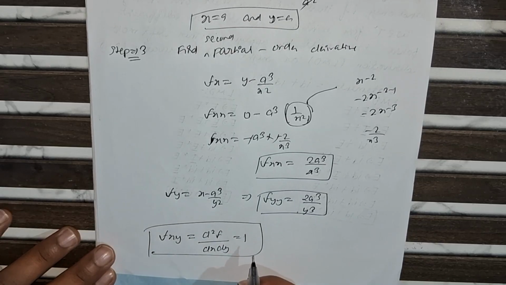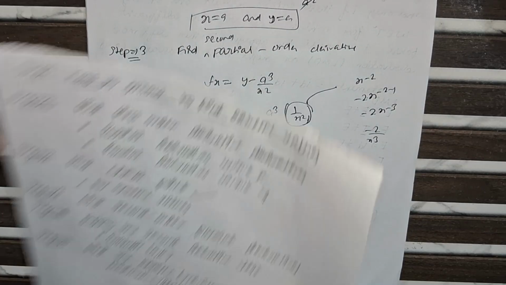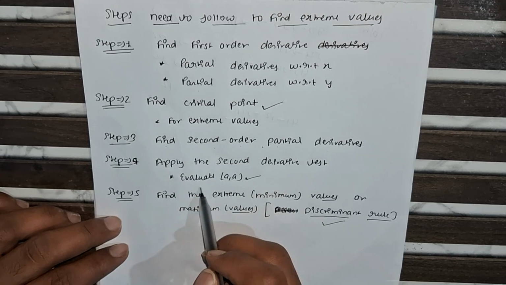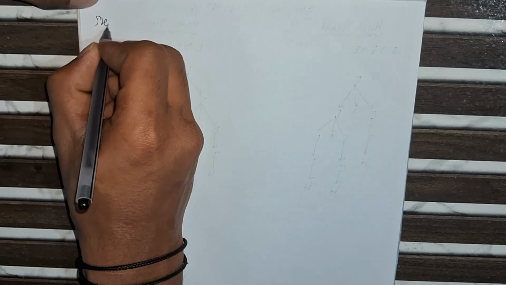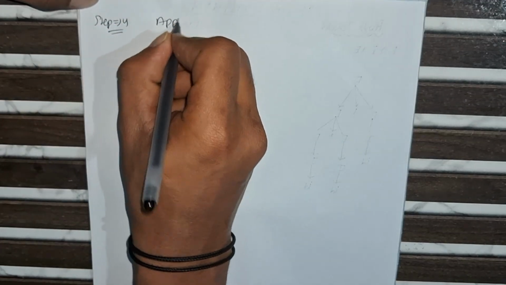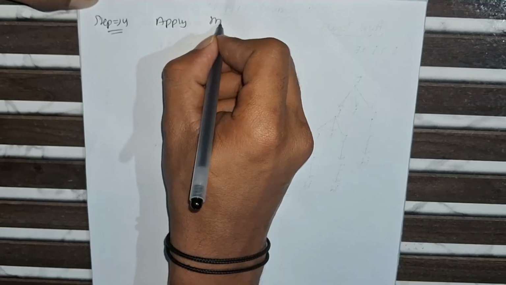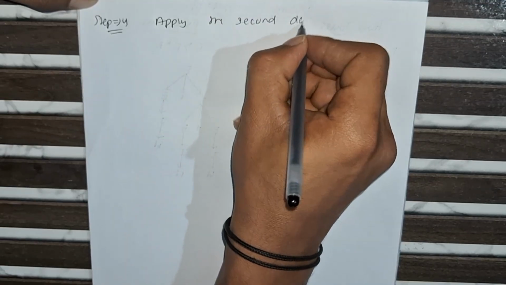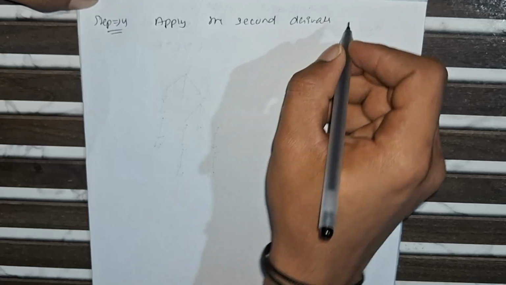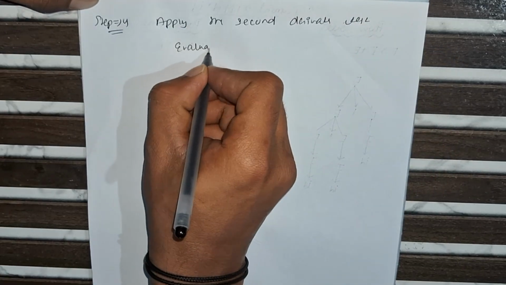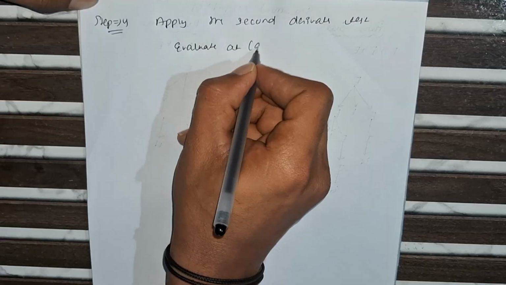So now move to our fourth step, which is apply the second derivative test, evaluate at a comma a. So our step 4 is apply the second derivative test, which is evaluate at a comma a.